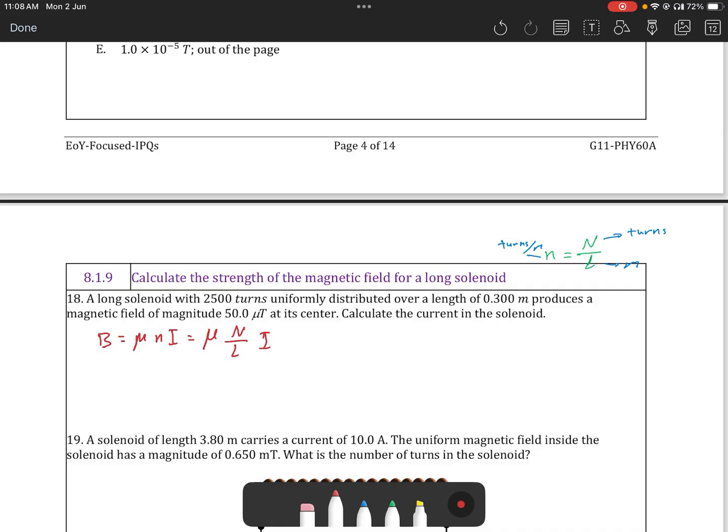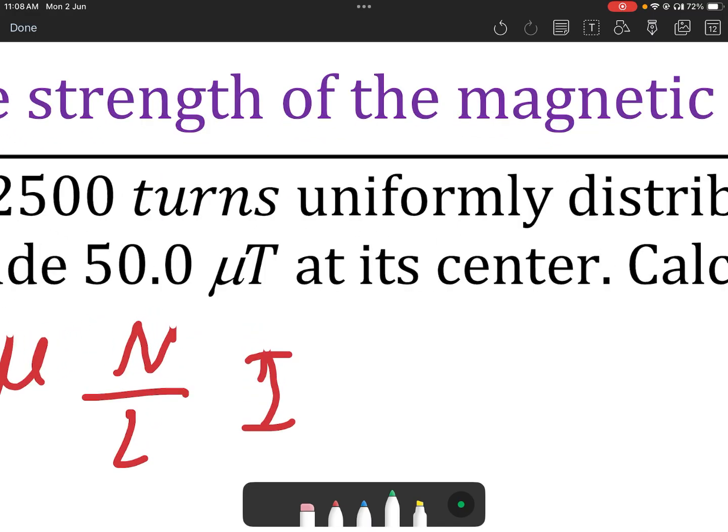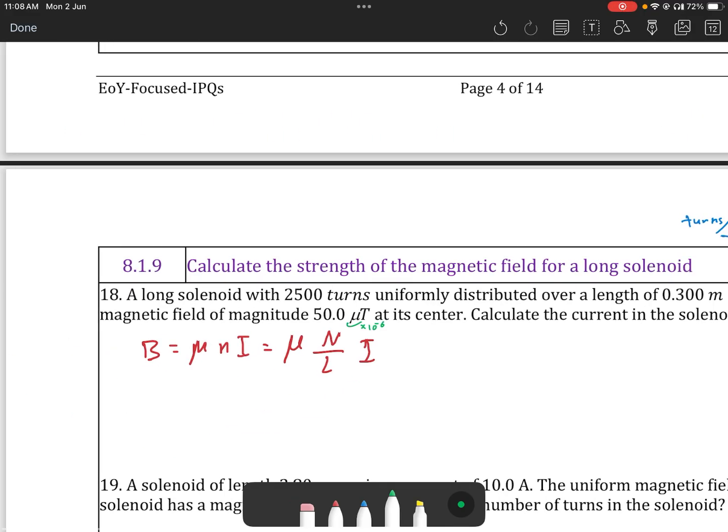Let's now calculate the current in the solenoid. Of course, again, we need to remember that we need to use SI units. Micro Tesla means times 10 power negative 6. Always be careful.